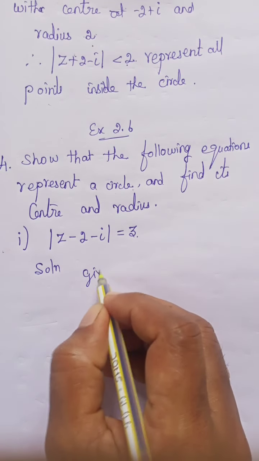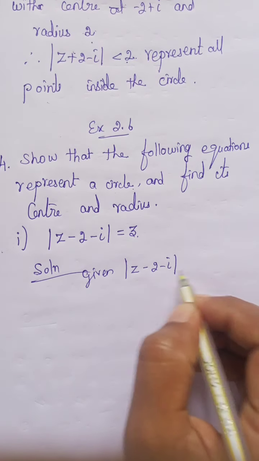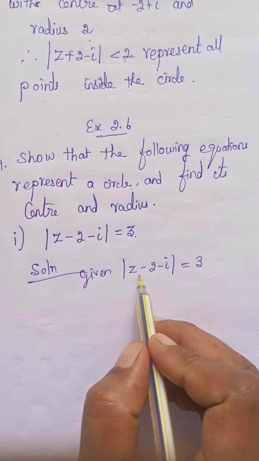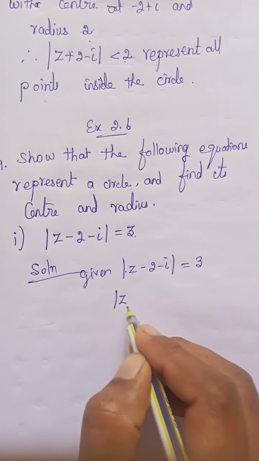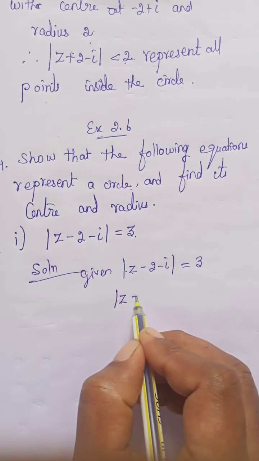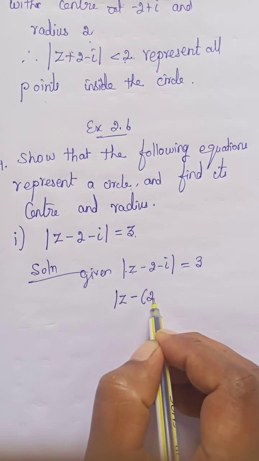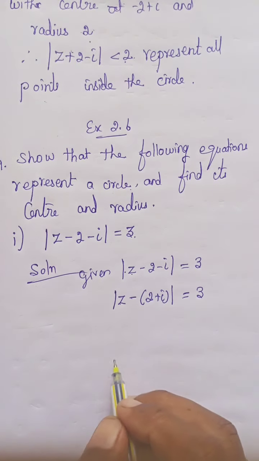See, given modulus z minus 2 minus i equal to 3. First we will check whether the z has a coefficient. No. Then we will try to write it in the form z minus z0. So take a minus outside. So we may get 2 plus i equal to 3.